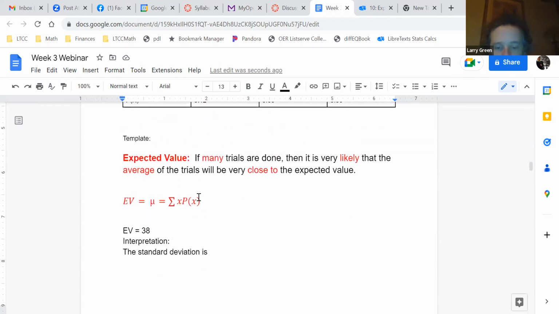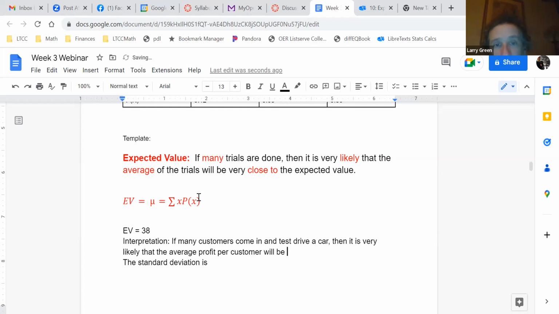So what we can say is that if many, there's that word many, customers come in and test drive a car, then it is very likely that the average, it's not average of the trials, but average profit per customer will be close to, and not the expected value, but 38, and the units are dollars.